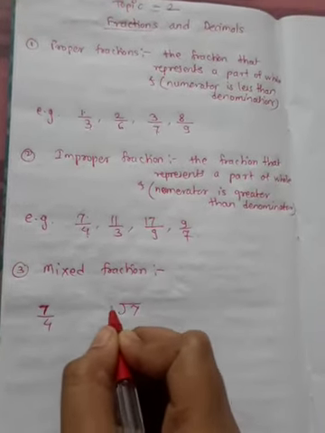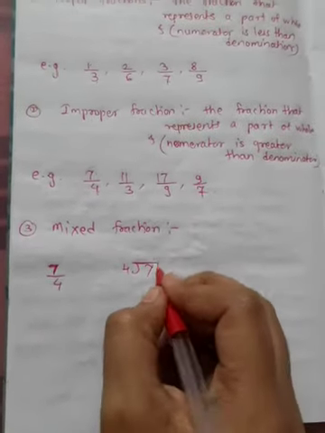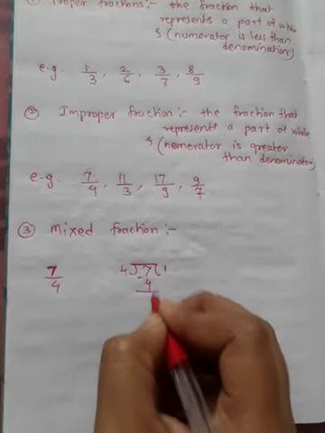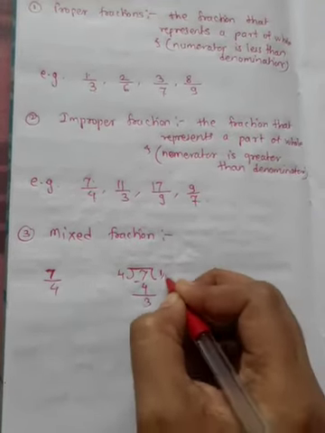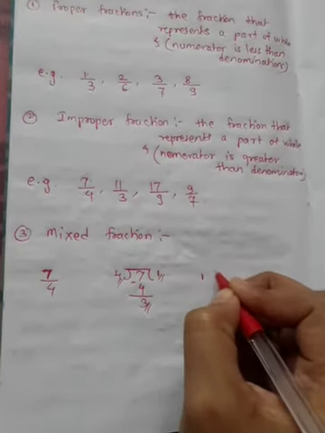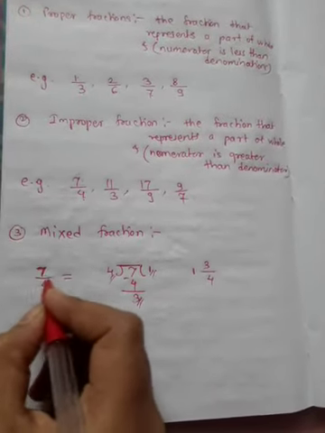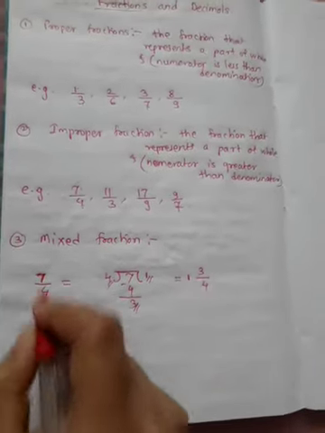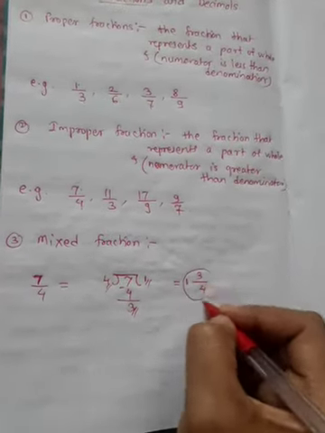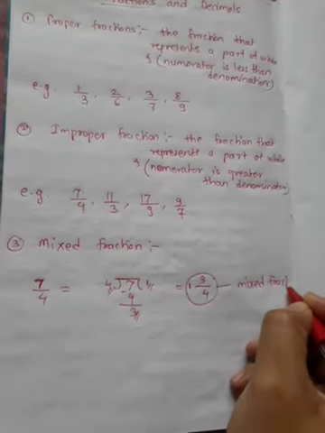When we divide 7 by 4, 4 ones are 4, it remains 3, and therefore we write it as 1 3 by 4. Means 7 by 4 can be written as 1 3 by 4, and this is called mixed fraction.